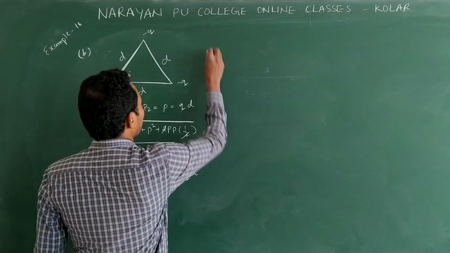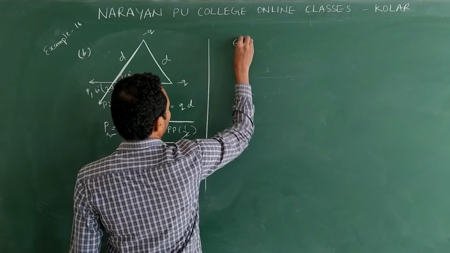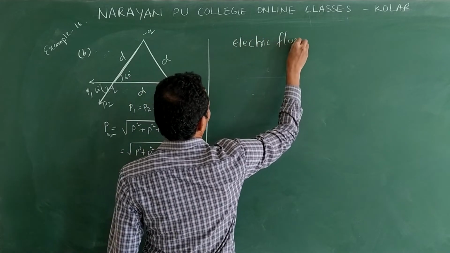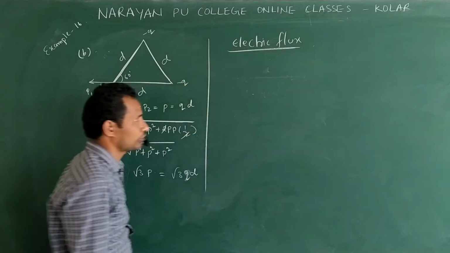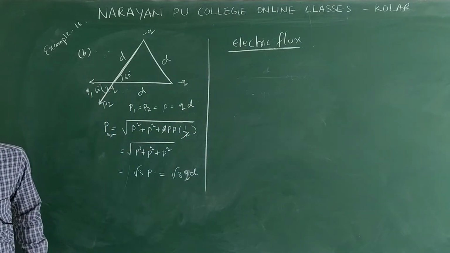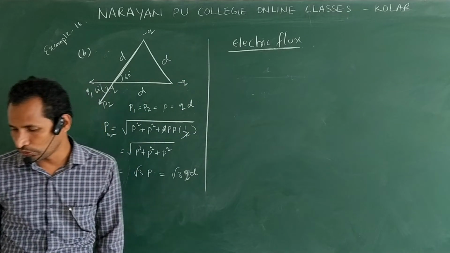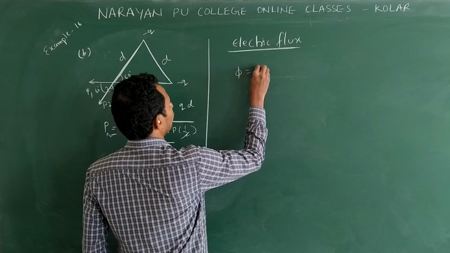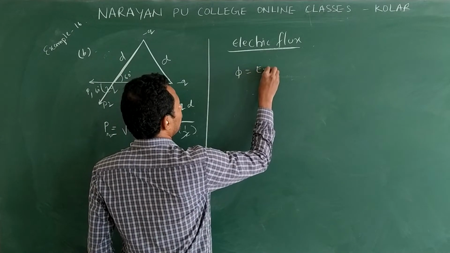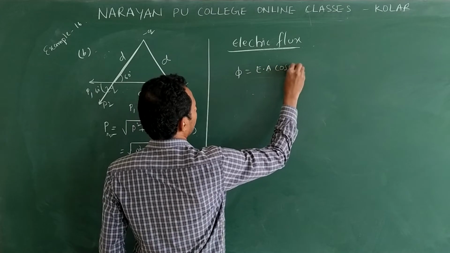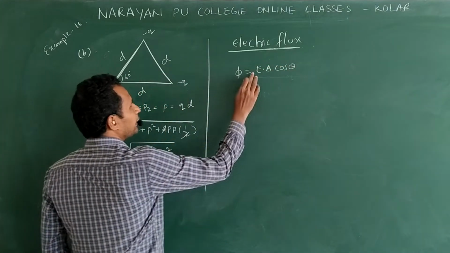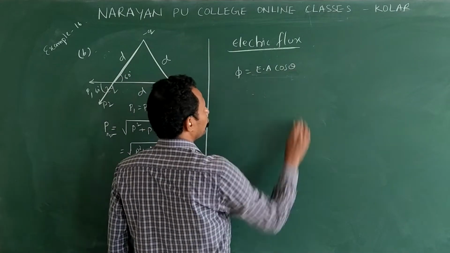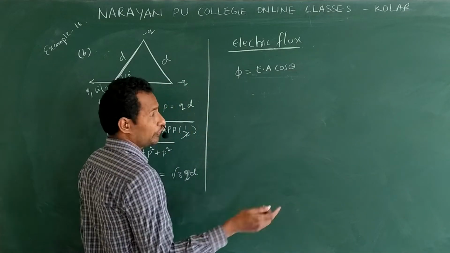Now, electric flux. Next concept, electric flux. So it is the number of lines passing through an area. So this formula we can write: phi is equal to E A cos theta. E is the electric field, A is the area, theta is the angle between the area vector and the field.